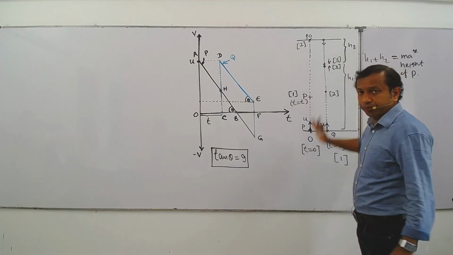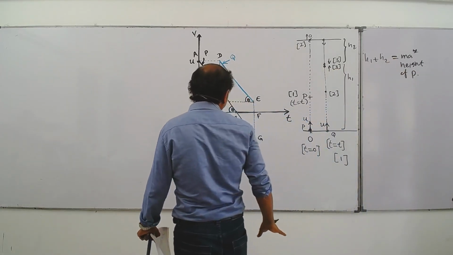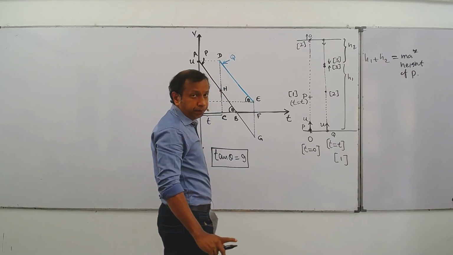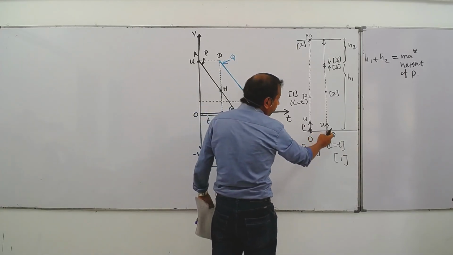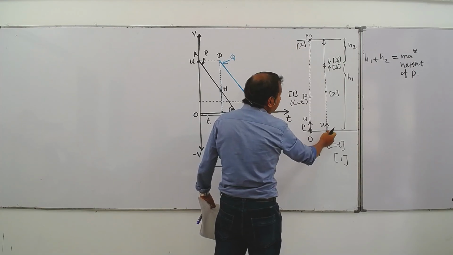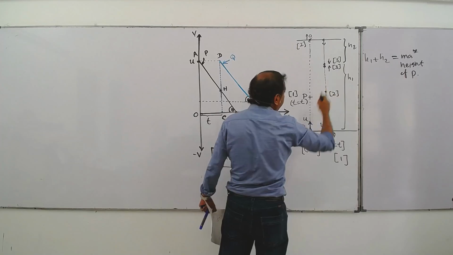From this time to this time only, the discussion now we do, because our important equation to take the answer is this. Now you can see there, the height ascended by Q just before they meet is given by H1.